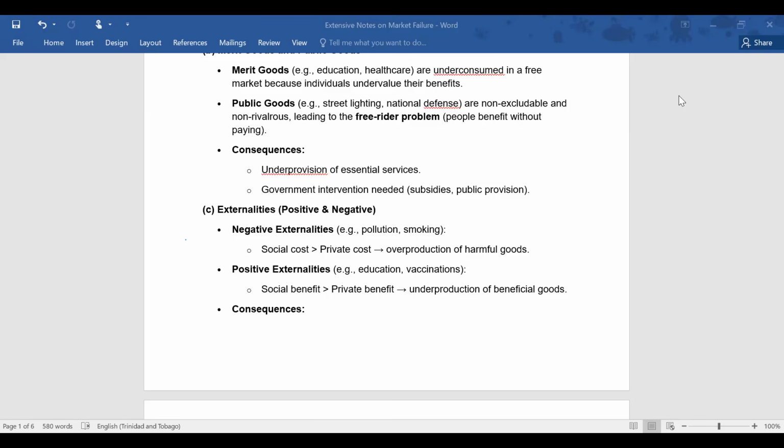But where the security cameras are located, it's actually seeing the neighbor's house as well. So the neighbor is getting a positive externality. They are getting some extra protection from my purchase of my cameras. So they are getting a benefit, although they were not a part of the transaction for the cameras. It will be a positive externality.